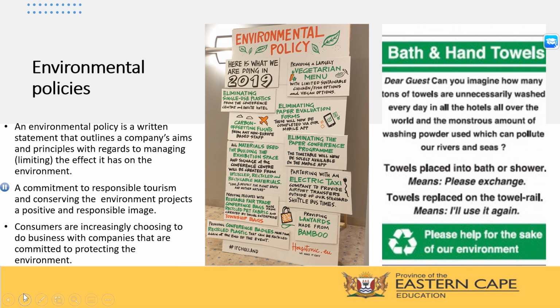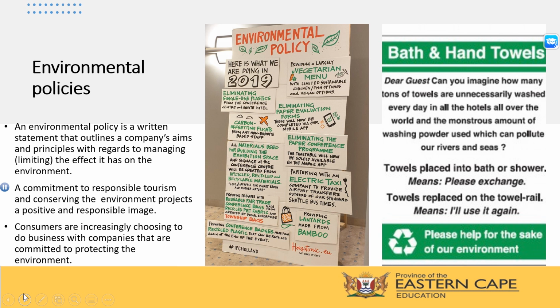So if we could just unpack that quickly, a company that has an environmental policy means that there is a document in place that gives information about how the company manages the effect that it has on the environment.